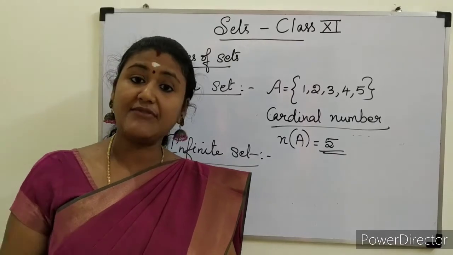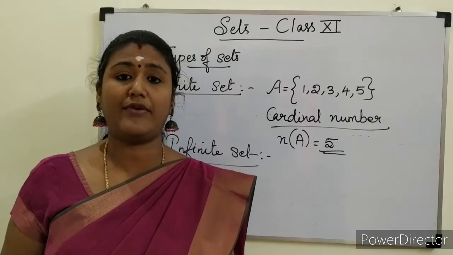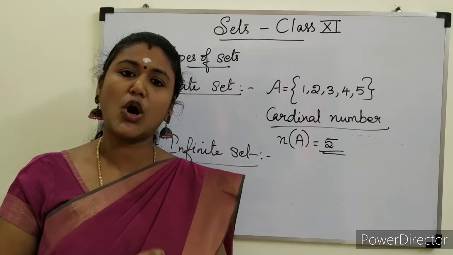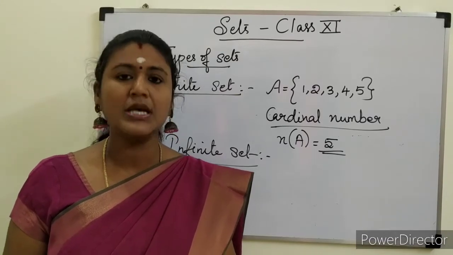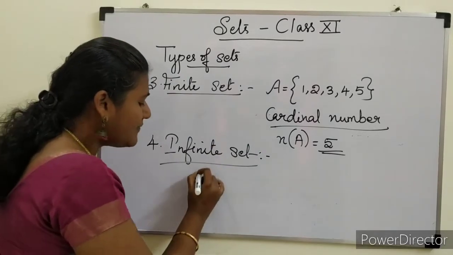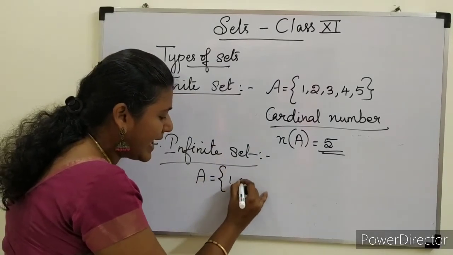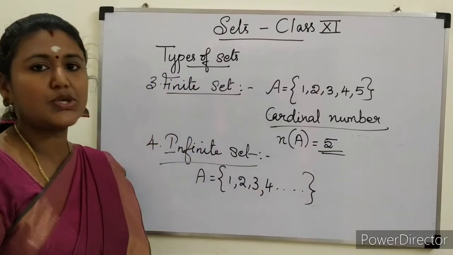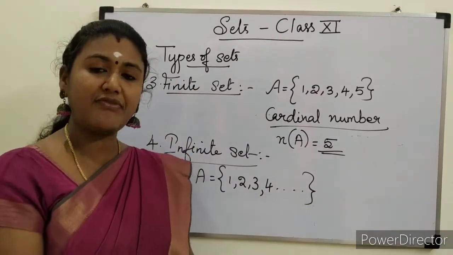So, to represent such type of sets, we will write a few elements in the set followed by dots. So this is how we will represent infinite set.